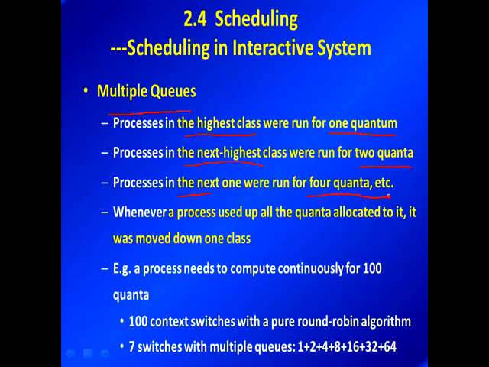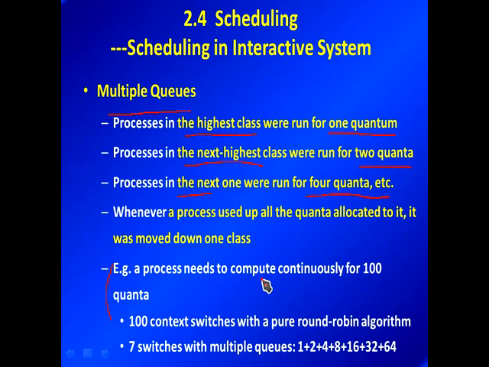And if you are interested in the concrete execution of this multiple queue algorithm, you can read through this example.